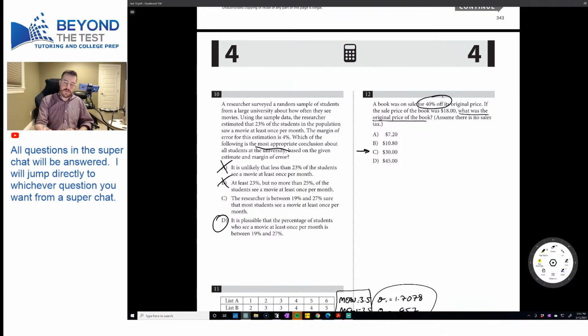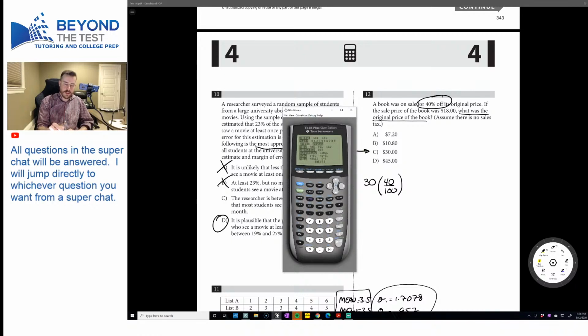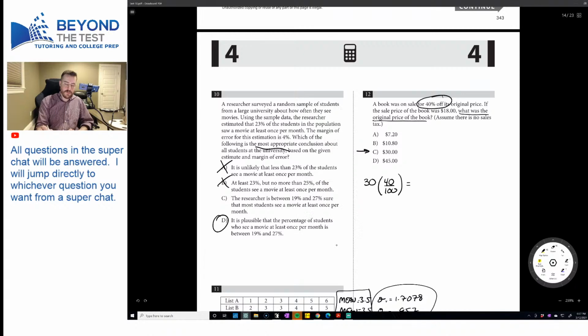The first way is you can figure out what 40% of 30 would be. So if I had 30, to figure out 40% of that, I multiply it by 40 over 100 here. Now you have a calculator for this part, so if you struggle with this, you can use the calculator. So we have 30 times 40 over 100, and that very simply would give us 12.